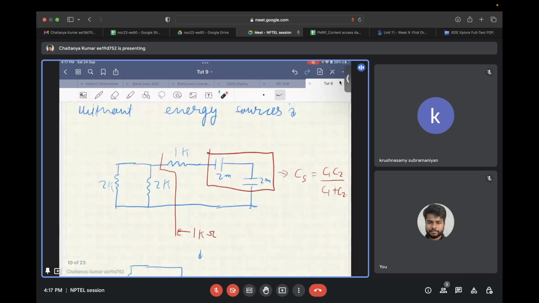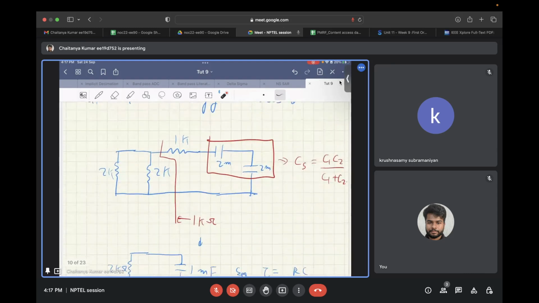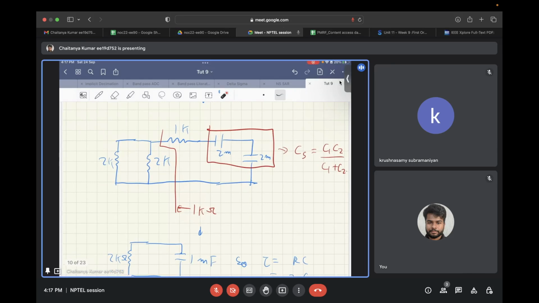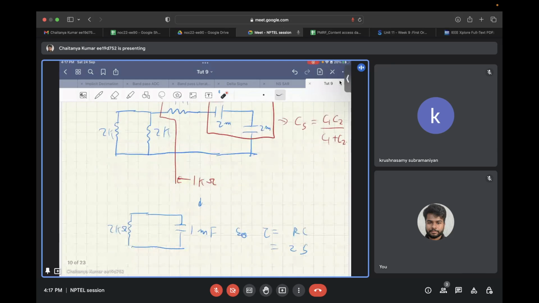We know the formula for series capacitances, it is C1 C2 upon C1 plus C2, and the equivalent resistance that you see in the complete circuit is 2 kilo ohms. So from there you get the value of the time constant as RC, that is 2 kilo ohms into 1 millifarad, which comes out to be 2 seconds.